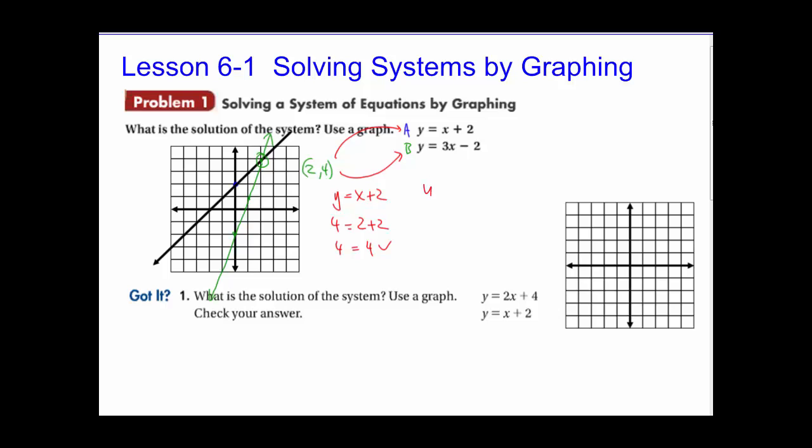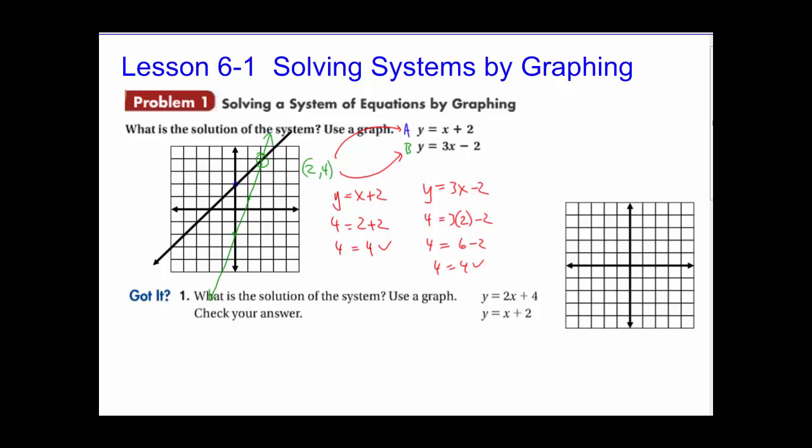For B, y equals 3x minus 2, we plug in 4 and 2, and get 4 should equal 3 times 2 minus 2, which is 6 minus 2, true. So the point (2, 4) is on both equations. Therefore, it is a solution to the system.